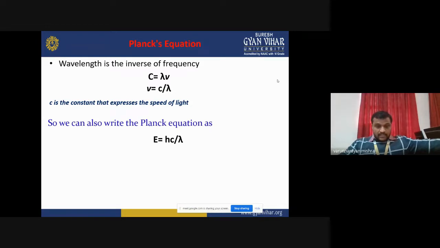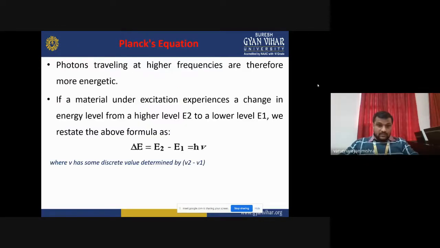So this is the Planck equation. You see the energy E is inversely proportional to the wavelength. That means a higher wavelength will have low energy, and a low wavelength will have high energy. E = hc/λ, where energy is inversely proportional to the wavelength of the radiation.